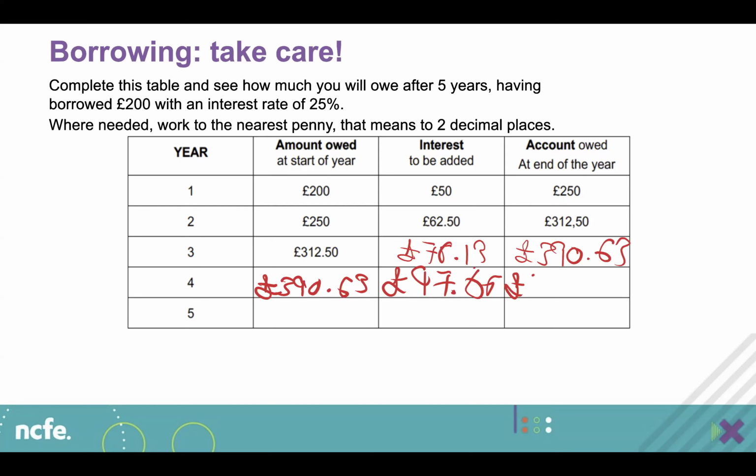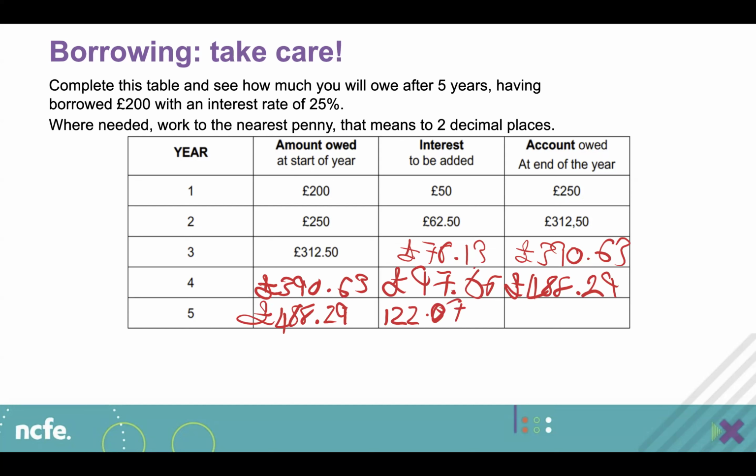So £488.29. Then if we put £488.29, find out 25% of that by multiplying by 0.25, which equals £122.07.